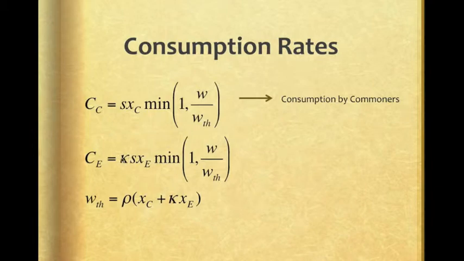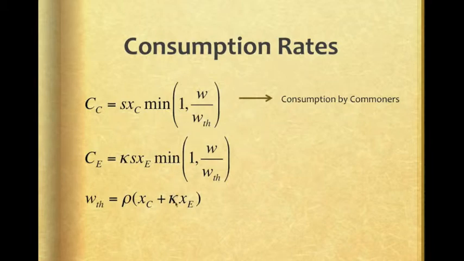This is a factor that's non-dimensional and it's larger than 1. So the elites consume more per capita than the commoners. Now this threshold value of wealth is essentially the minimum wealth that is required to sustain a population, a combination of population of commoners and elites, each consuming at their per capita value.